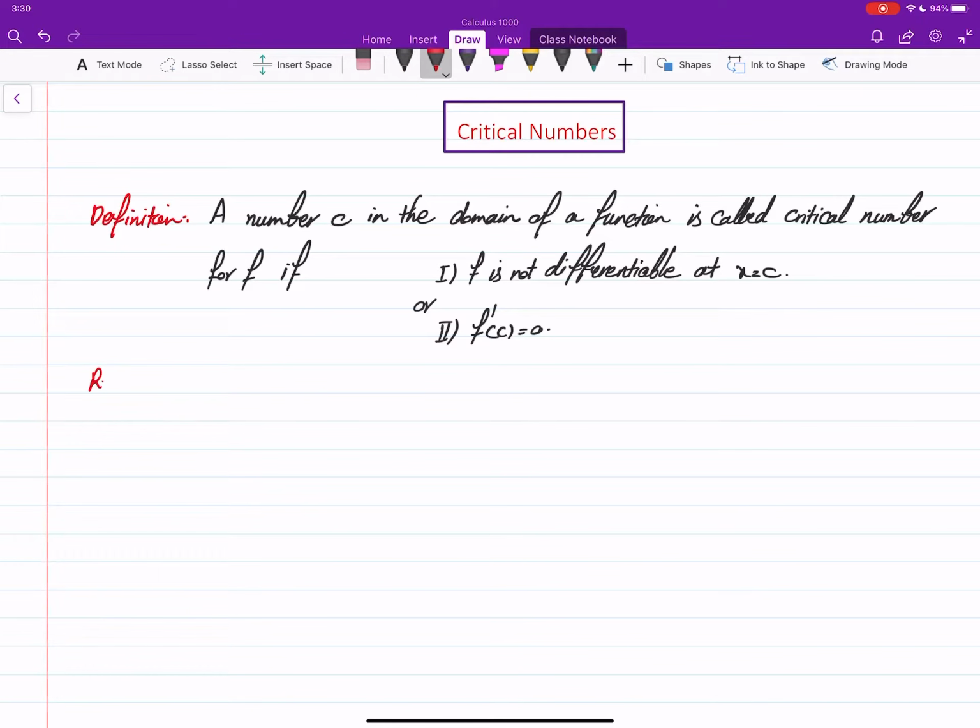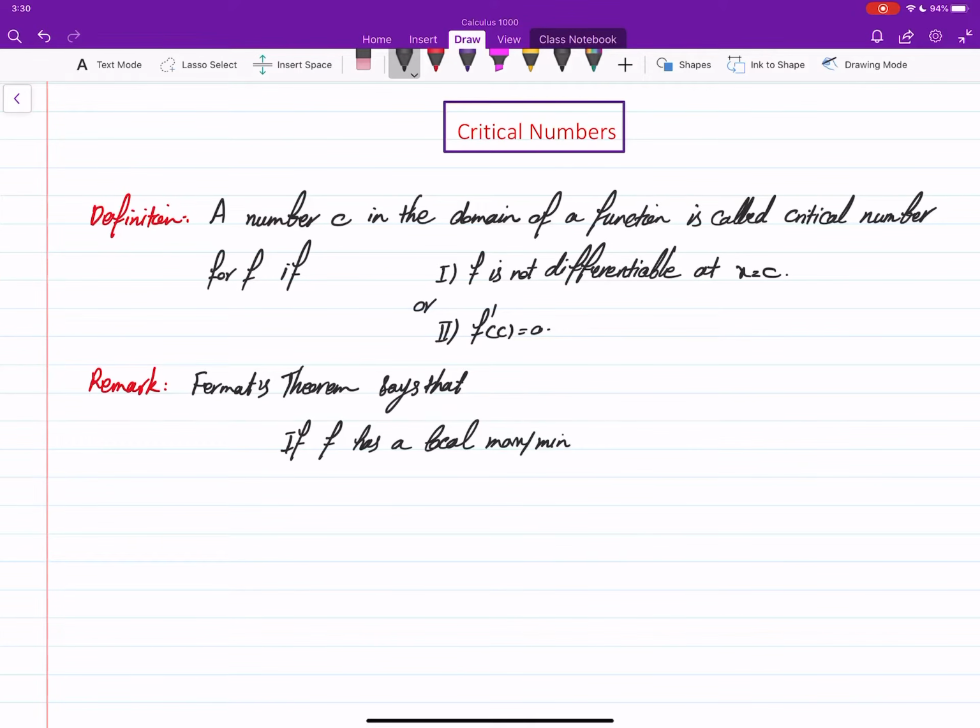And now actually we can rewrite Fermat's Theorem. Fermat's Theorem says that if f has a local max or min value at c, then c is a critical number for f.